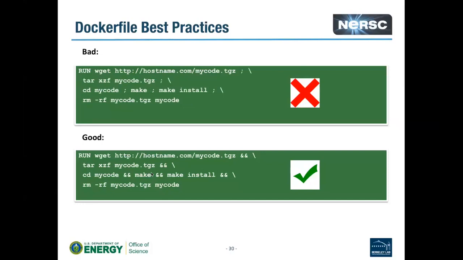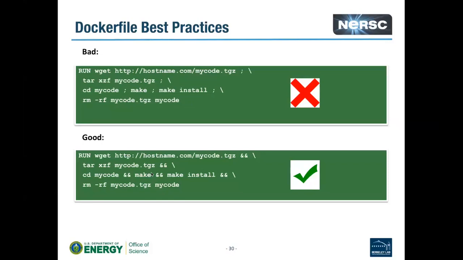And when you do that, you'll notice that I'm using this ampersand model. This is just a general shell trick, and it's probably a good one to use in other places as well. With a semicolon, it means run this, I don't care what happens, do the next step, do the next step. So let's say in that process, the make failed in some way, right?